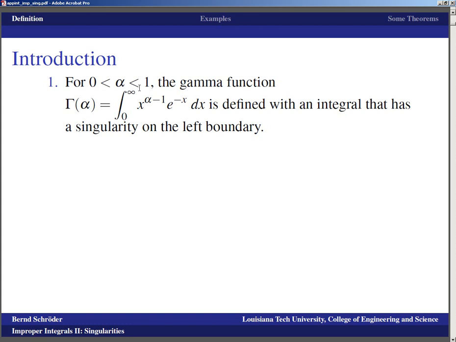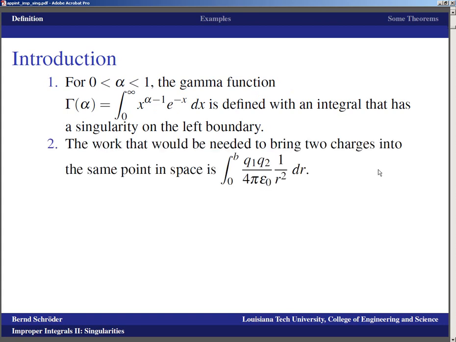For alpha smaller than 1, the gamma function, which is defined via this integral from 0 to infinity of x to the alpha minus 1 times e to the negative x dx, is defined with an integral that on the left boundary has a singularity, because when alpha is smaller than 1, then x to the alpha minus 1 is x with a negative exponent, which means that it blows up at 0, right? And so we need to see how we handle that, because apparently it is claimed that the gamma function is defined for alphas between 0 and 1.